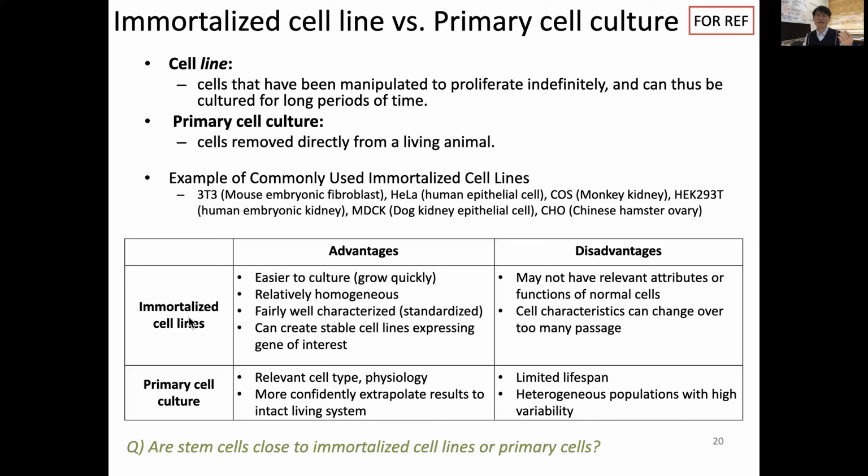While immortalized cell lines may not have the relevant attributes or functions of normal cells because they're already quite strange cells. And another thing is, even with, let's say, the same HeLa cells, if you keep growing and passing them down, depending on the environment, an experiment published in the literature using HeLa cells maybe 10 years ago may not be easy to reproduce.